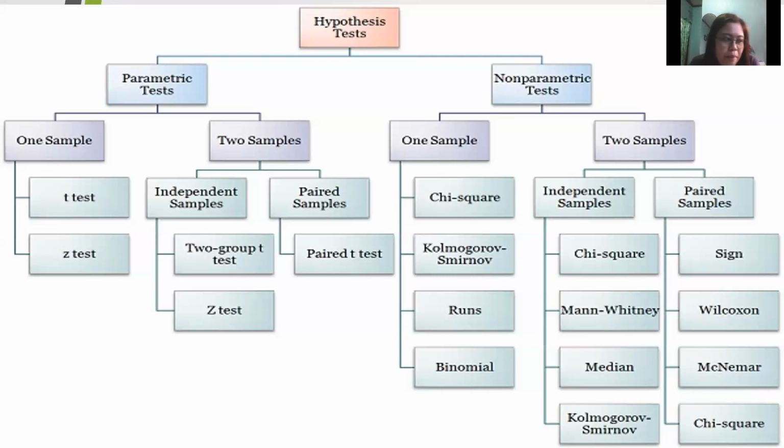Meaning the samples tested in one group are different samples, like different rats, for example, and the PICAS group also has different rats. That is what we call independent samples, like your positive control and your treatment group. If the treatment group uses different rats and the positive control group also uses different rats, they are independent samples. So we either use the two-group t-test, or the student t-test as we call it, or we can use the z-test.